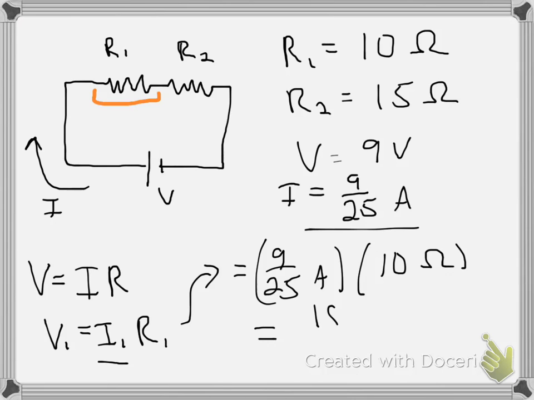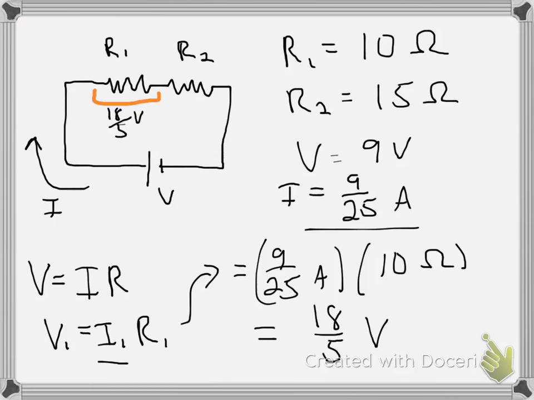That's going to get me 18/5 volts. An ampere times an ohm gives me a volt. So, I believe I did that right. Yep, I did. 18/5 volts. So the voltage drop at R1, you would find 18/5 volts dropping over R1.